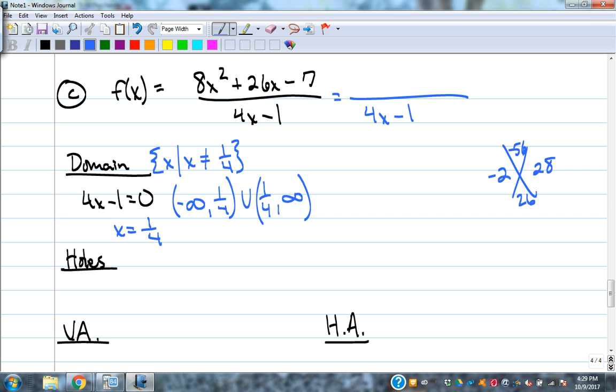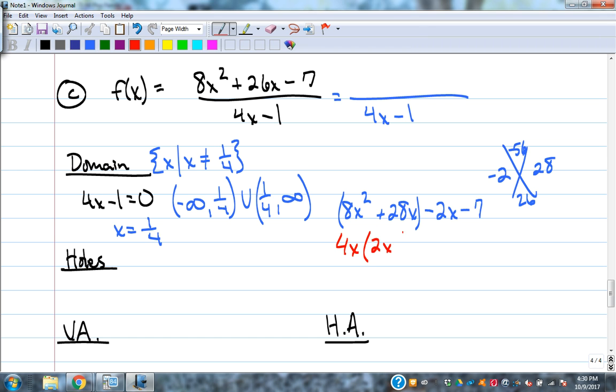So those two numbers work, but I got to do some grouping first. That's why I left all the space here, because I knew I was going to have to do that. So plus 28x minus 2x minus 7. And then group that. Those 8 and 28 have 4 in common and an x.